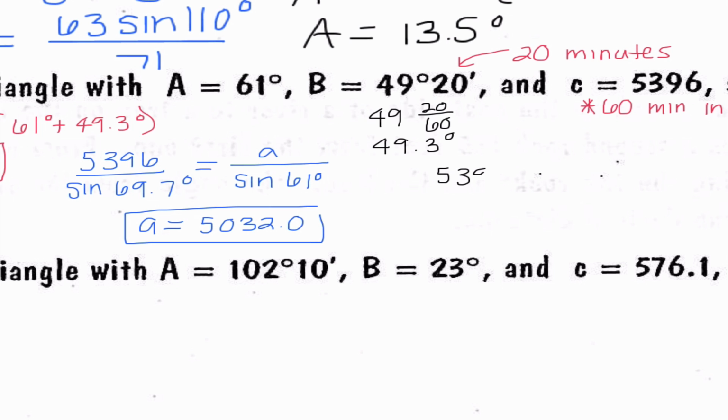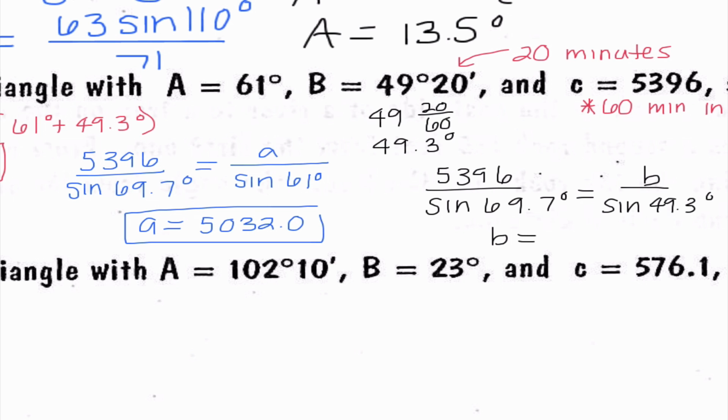When I set up law of sines once again to find side B, when I cross multiply and divide and put that into my calculator, I get B is 4,361.8. Now, if we look at those three side lengths, they do make sense because we know that the biggest angle is actually opposite the biggest side here.